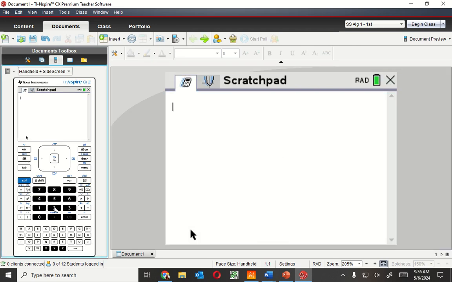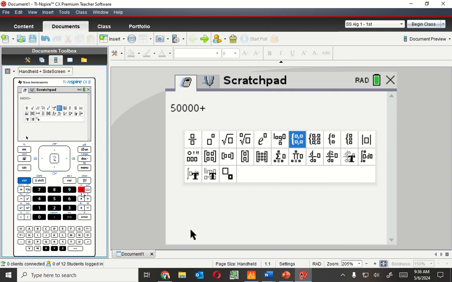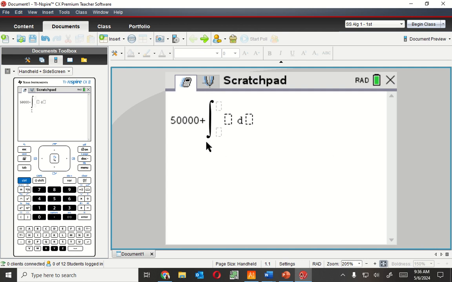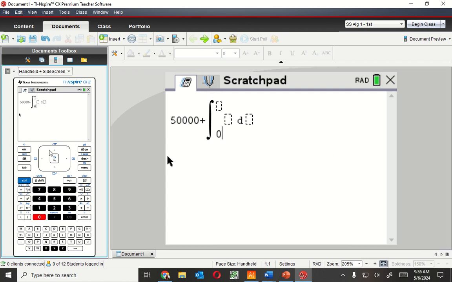So start with my 50,000 plus integration from 0 to 8, 2000 e to the negative x squared over 20 dx.